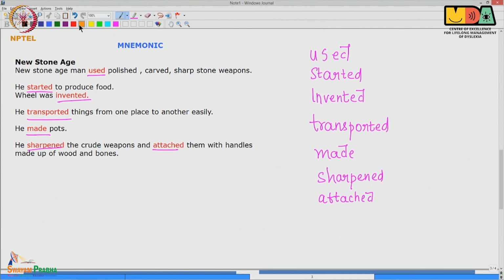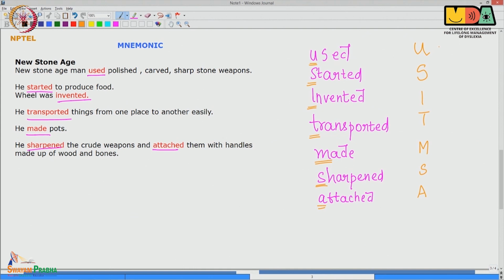After you have written the main words separately, the next thing you have to do is underline the first letters. Okay. Now, I am going to write it down separately. Let us see whether we can form a word or a sentence or a phrase using the first letters of the verbs.